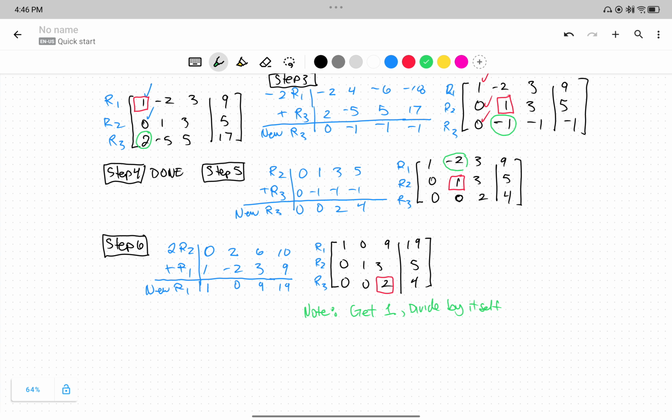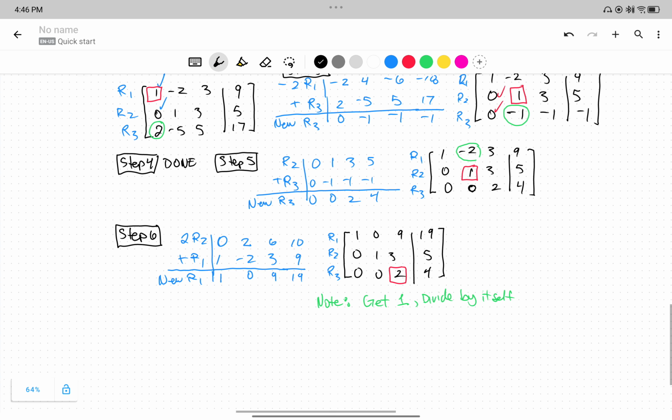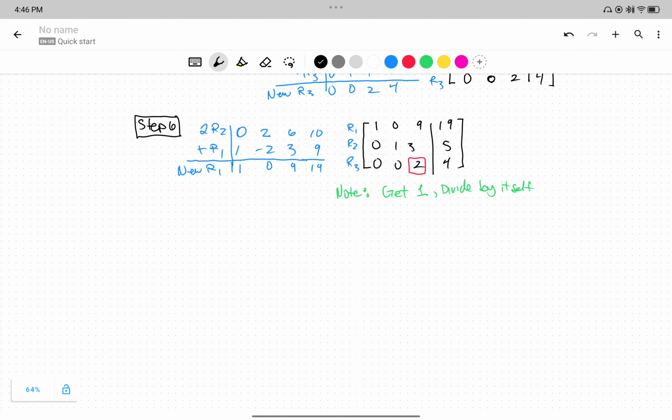All right, so that's gonna be step number 7. Well, let's make more space. Step number 7 is over here. And we said it was gonna be divided by itself, so row 3 divided by 2, that'll give you your new row number 3. All right, so 0 divided by 2, 0 divided by 2, 2 divided by 2, 4 divided by 2.